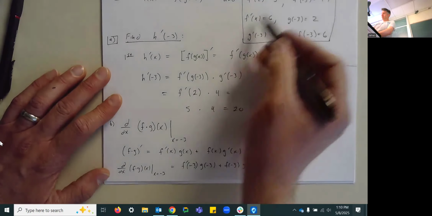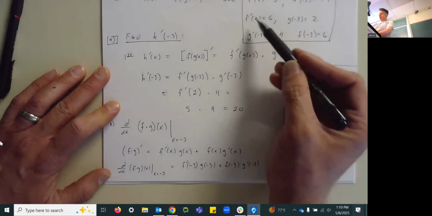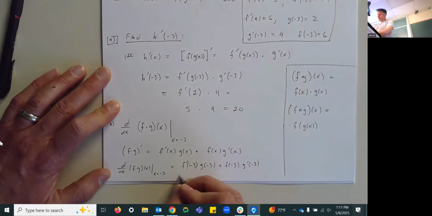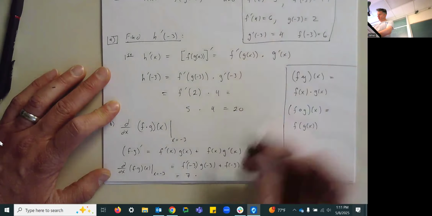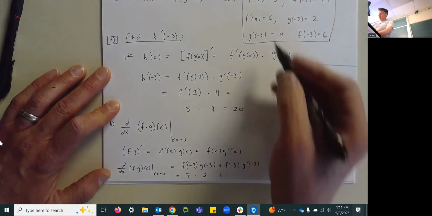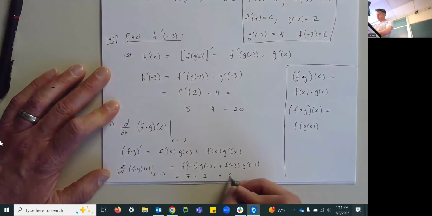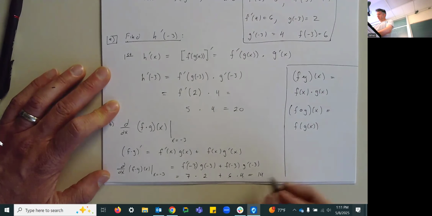And then we look at our table to find the values. f prime of -3 is 7. g of -3 is 2. f of -3 is 6. g prime of -3 is 4. And then we get 7 times 2, which is 14, plus 6 times 4, which is 24. And 14 plus 24 is 38.